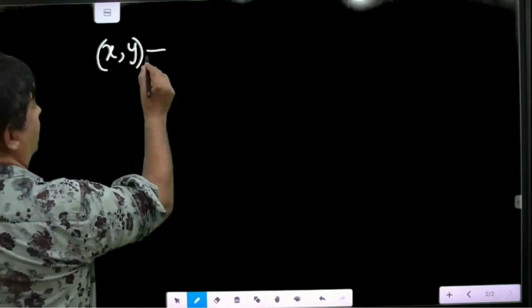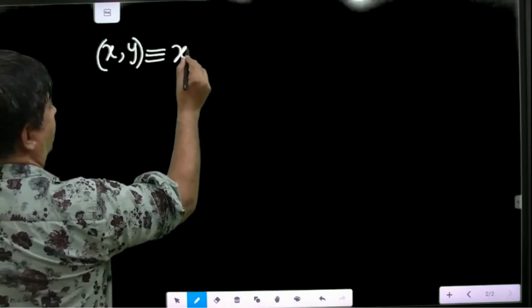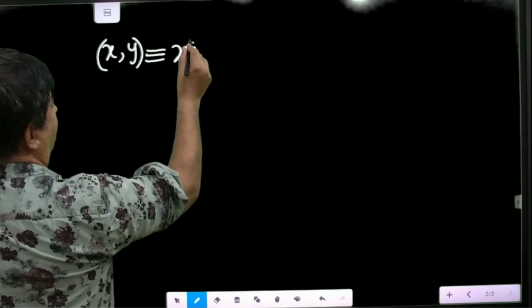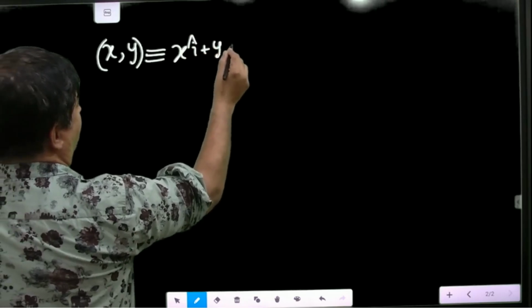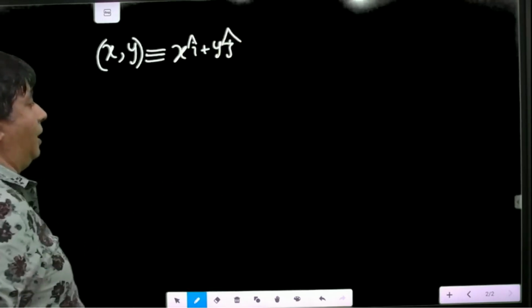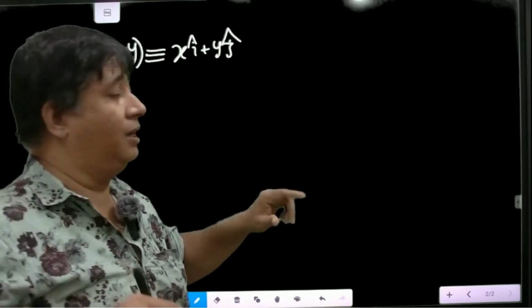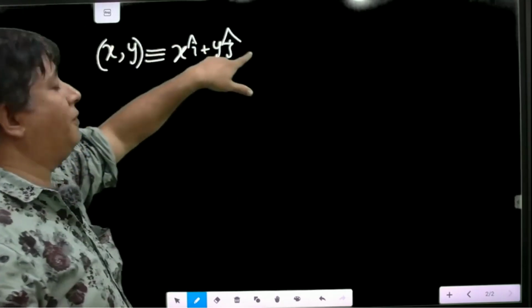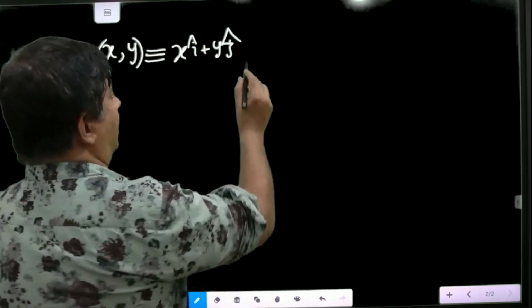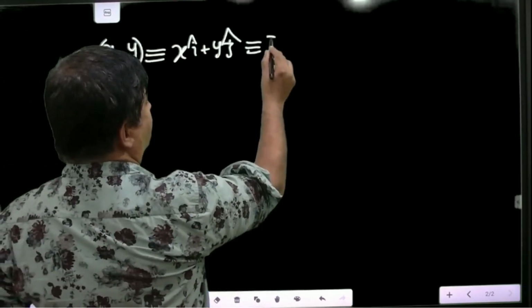But in vector, we have one extra facility, one step ahead than coordinate geometry. So the same thing will be expressed by xi plus yj, here it is a 2-dimensional vector. The i, j unit vectors will be taught later. Now its advanced version is matrix.